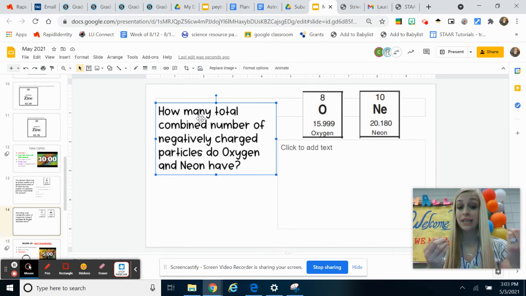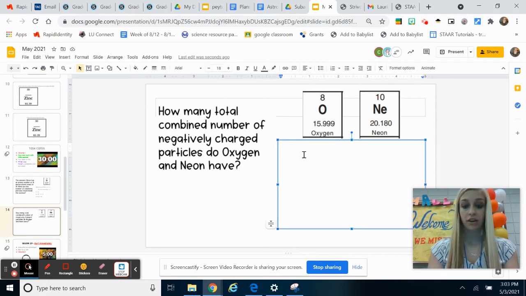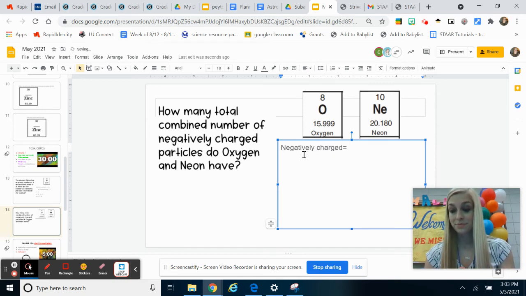So how many negatively charged particles do oxygen and neon have together? Well, first off, which particle is negatively charged? Electrons. Electrons are negative.